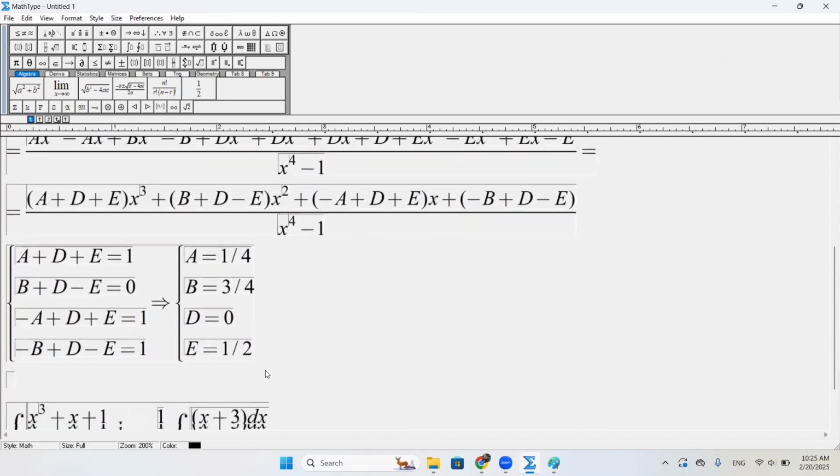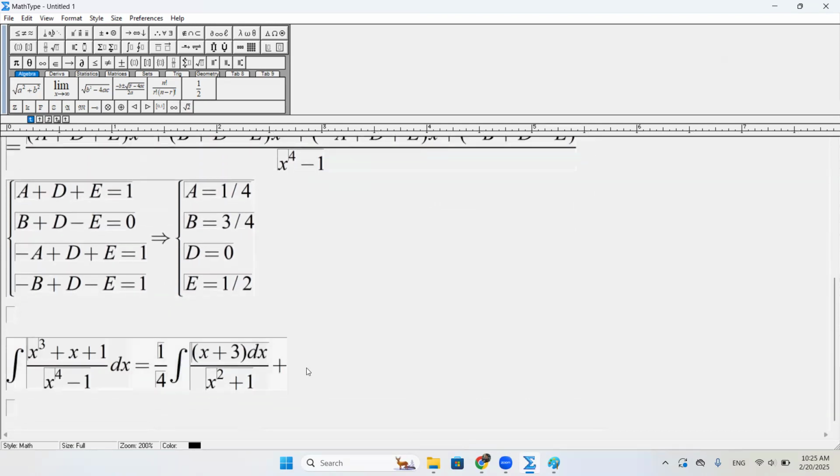So plus 1 second of integral dx by x minus 1.